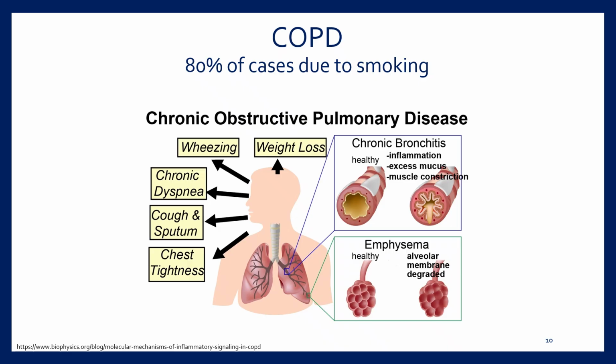So what's actually happening in COPD? Well, COPD combines two overlapping disease processes: chronic bronchitis, which is an airway problem, and emphysema, which is an alveolar problem. Most patients have features of both. Histologically, COPD shows chronic inflammation, so we'd see neutrophils, macrophages, lymphocytes.